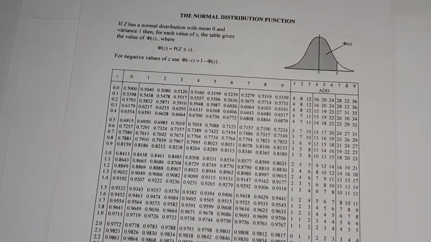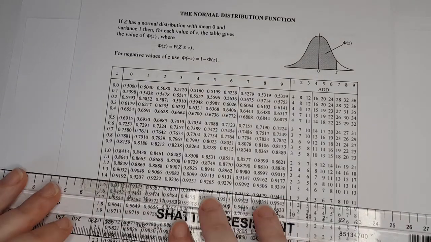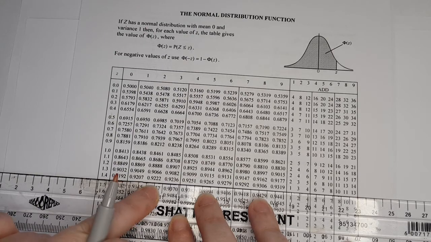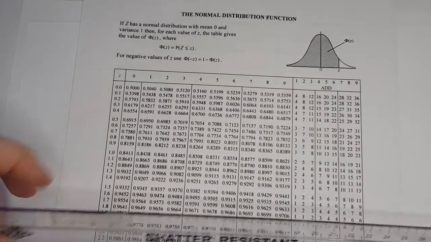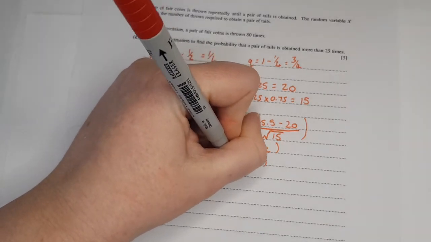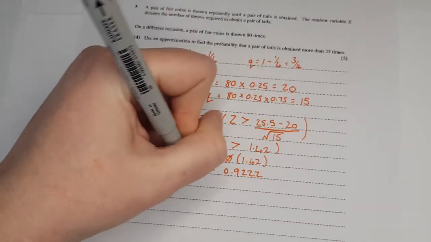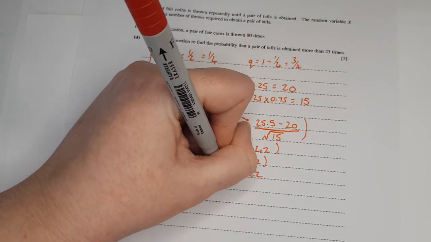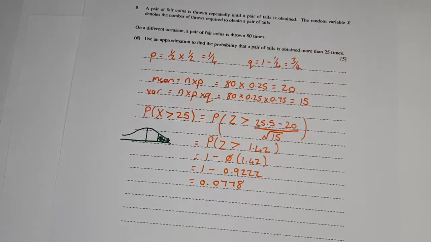So where we have our table, then we find 1.42 is 0.9222. So then I say 1 minus 0.9222 to get my final answer of 0.0778.